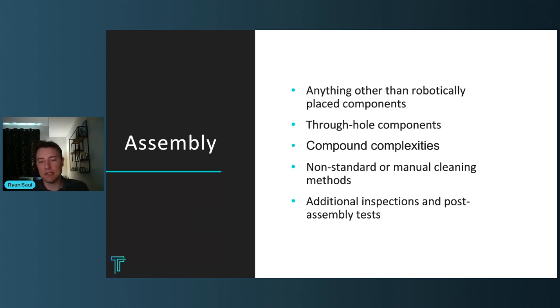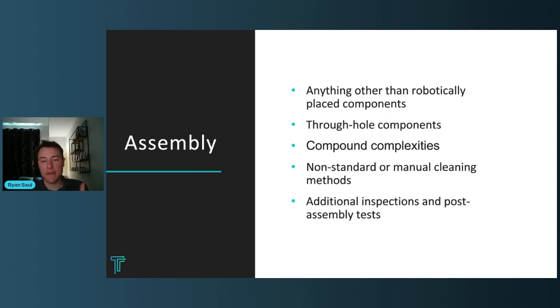An example of something that is a sort of linear adder is a through-hole part. Through-hole technology is super duper mature. There's no doubt about it. It's not as much of a quality risk as some of the other items on this list, but it is going to add cost. The same exact component, if it was an SMT version, you're going to pay maybe 1/10 the cost for that one installation of a part.